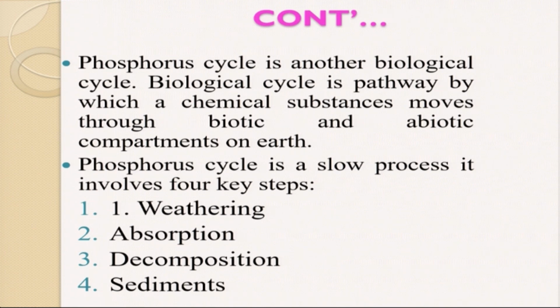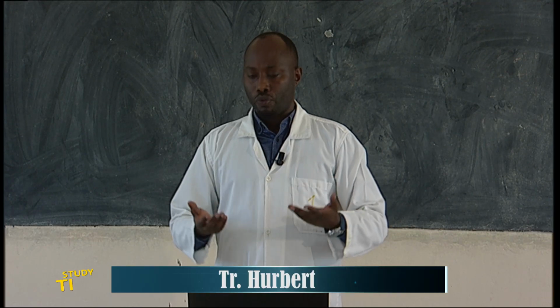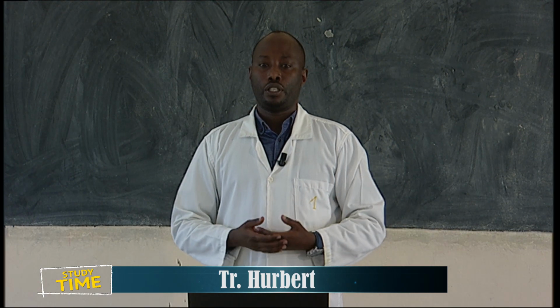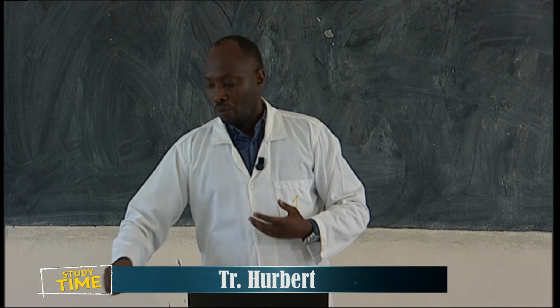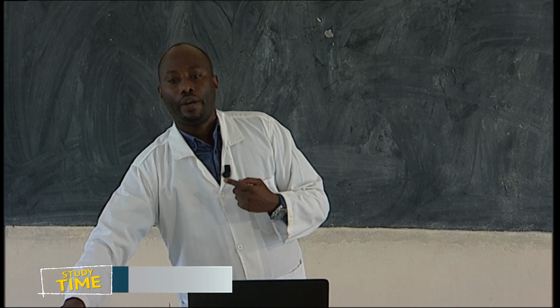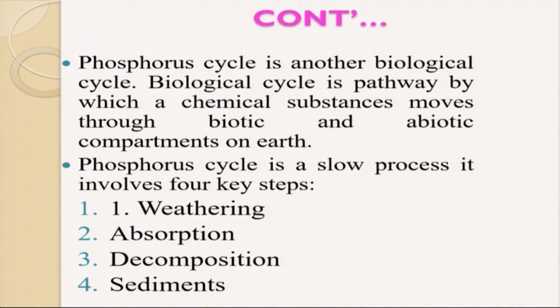The phosphorus cycle is a thorough process, and it involves 4 key steps. What are those key steps that we are going to discuss before we talk about the diagrams? Think about the processes involved in the phosphorus cycle. Number 1 is weathering.